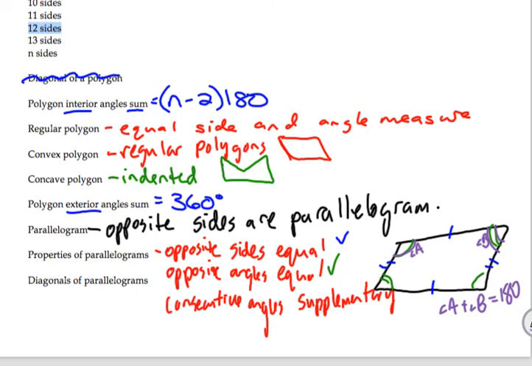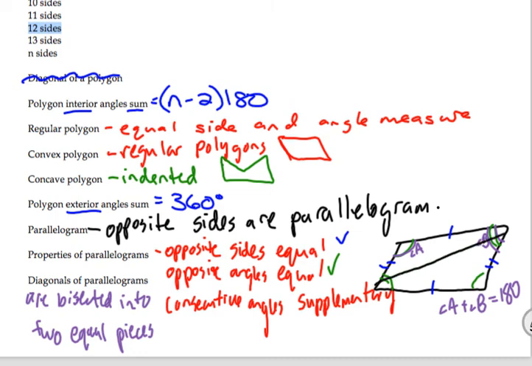Diagonals of a parallelogram are bisected into two equal pieces. So if I came up here and drew some pair of diagonals in here, and this one's 5 down here and this is x, x equals 5 there. Because those diagonals have to be cut into two equal pieces as well.